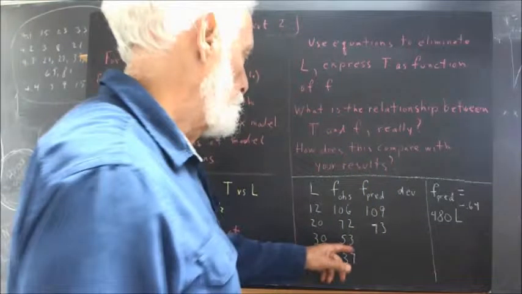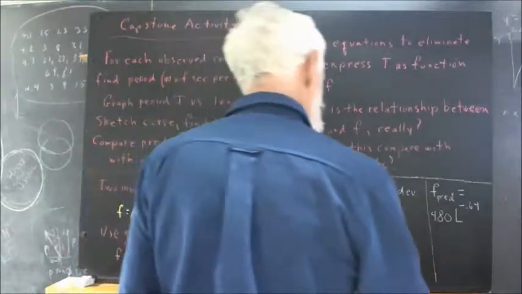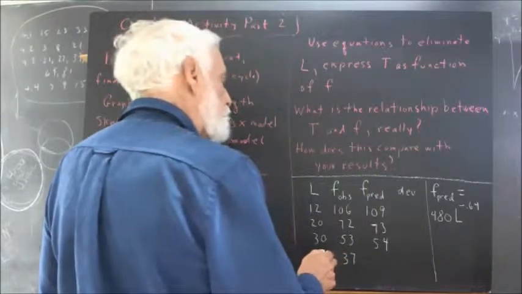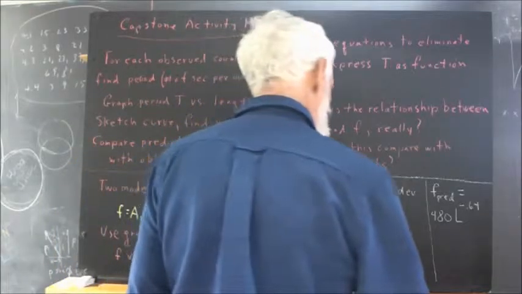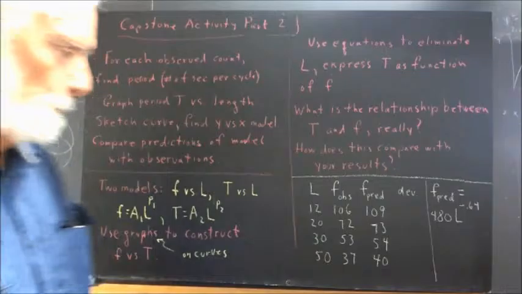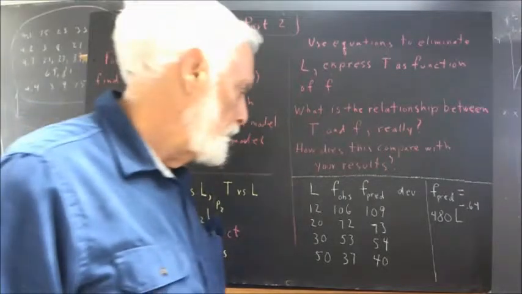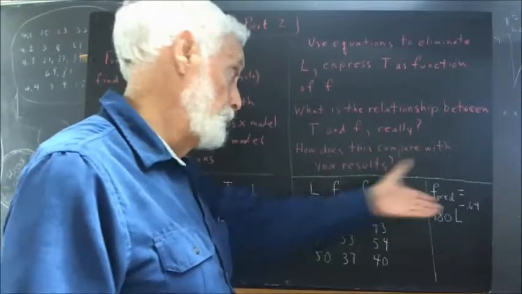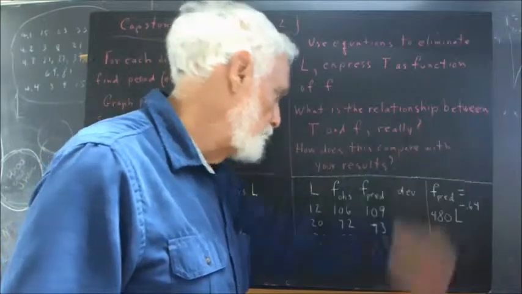We plug 30 into the model. I think that was 54. And we plug 50 into the model, and I think that came out about 40. Might have been 39. And of course you can plug into this model and verify these predictions. It's very easy. Just plug in your numbers, use your calculator.